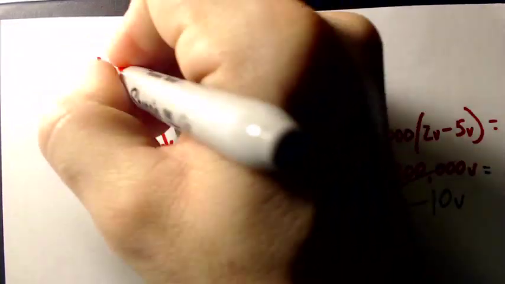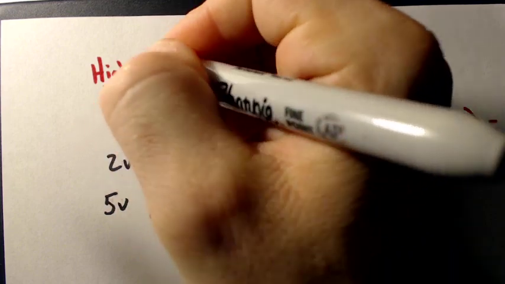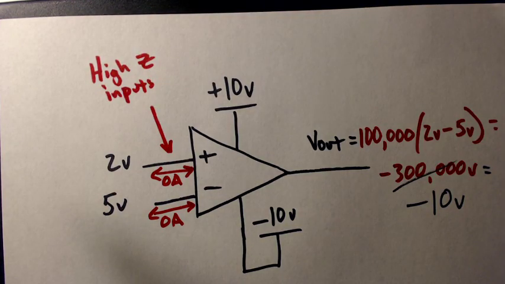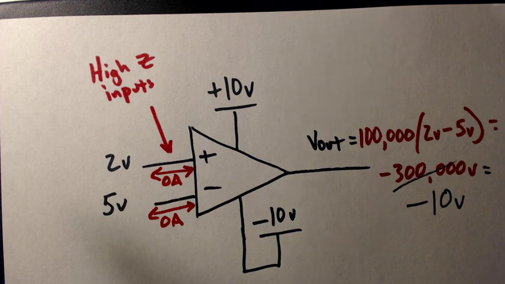I'll go ahead and say high Z inputs. Remember, high impedance means it's a really large resistance tied to ground. 10 megaohms, 100 megaohms. A really high resistance draws little to no current. We're saying it's 0 amps.